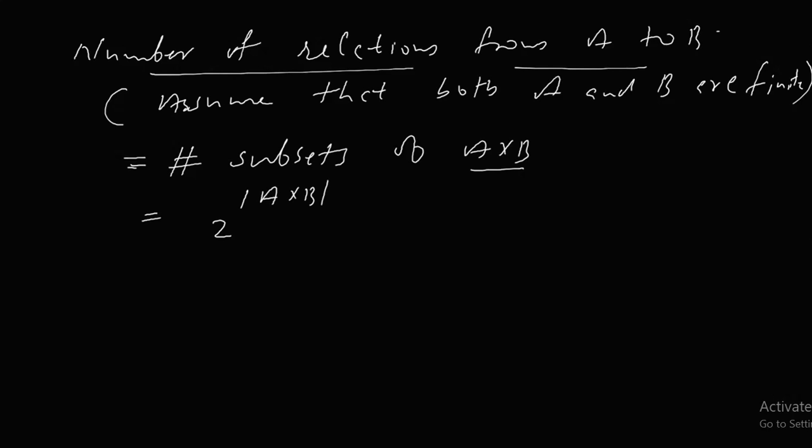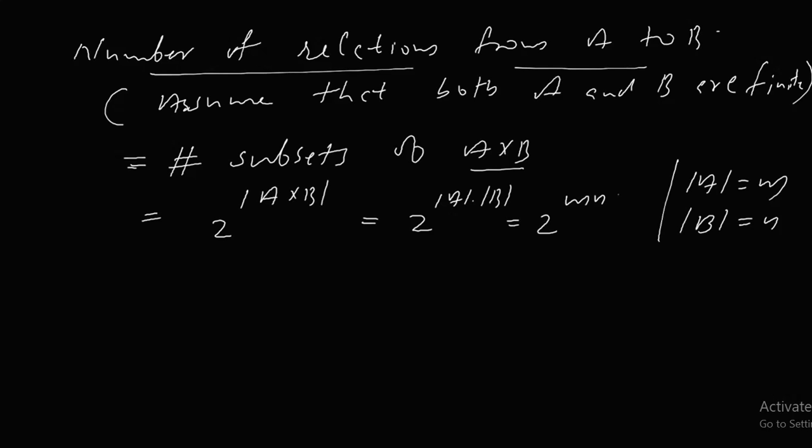Here the set is A cross B, so it is 2 to the power of the cardinality of A cross B, and the cardinality of A cross B is the cardinality of A times the cardinality of B. If I denote the cardinality of A as M and the cardinality of B as N, then this is 2 to the power MN, where A contains M elements and B contains N elements. So a total of 2 to the power MN relations are possible from a set of M elements to a set of N elements.